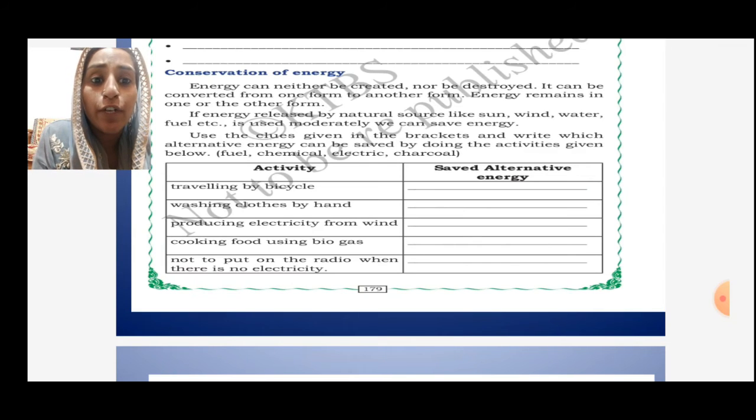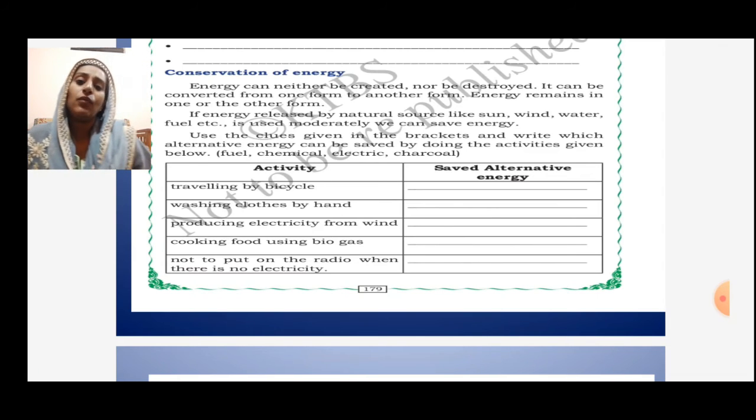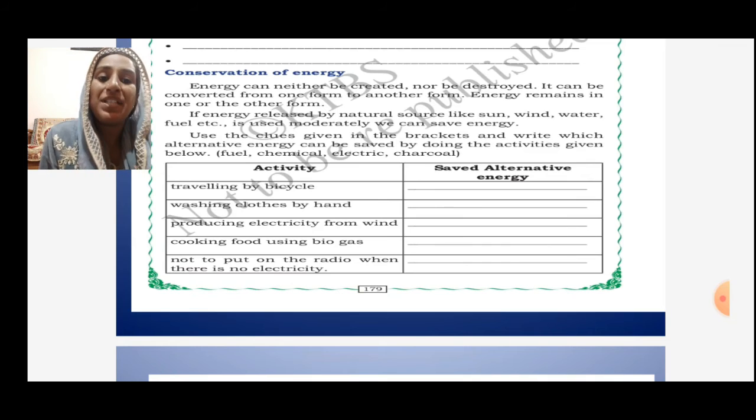Cooking food using biogas: instead of this you can use LPG gas. Not to put on the radio when there is no electricity: you can use battery cells instead.